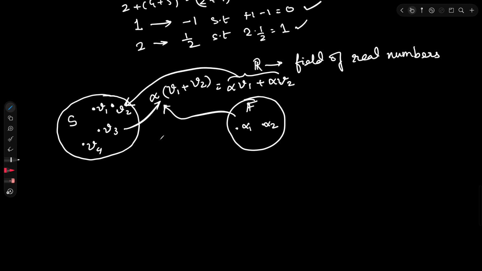Same with another element, suppose alpha 1 from the field, and we take v4 from the set.